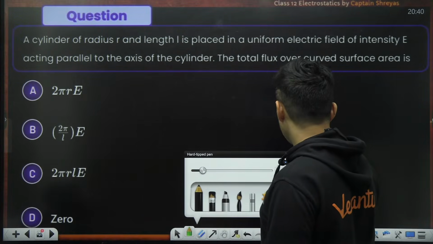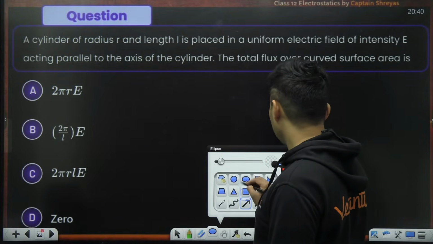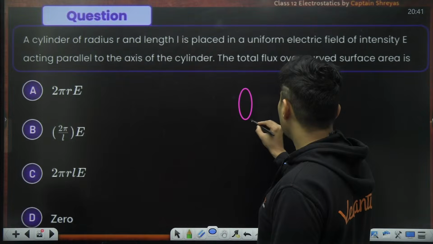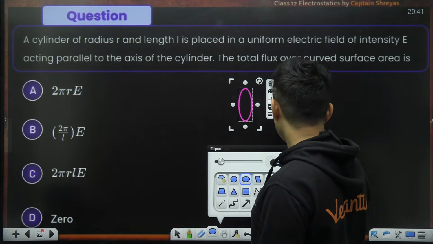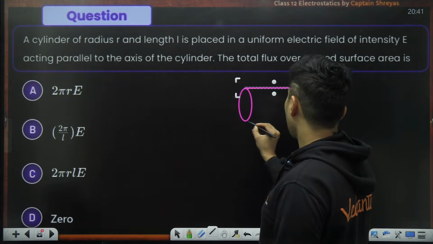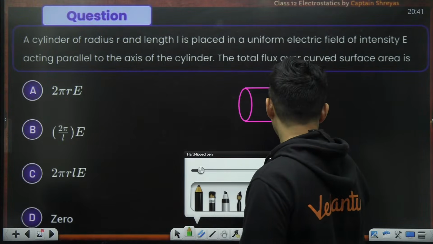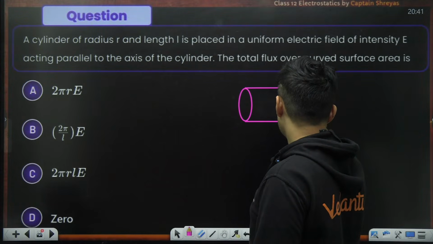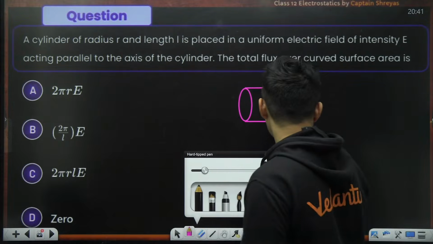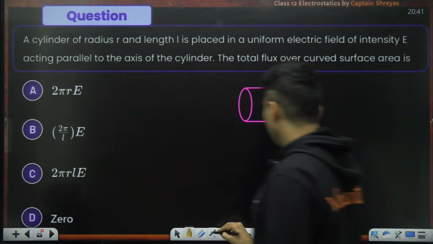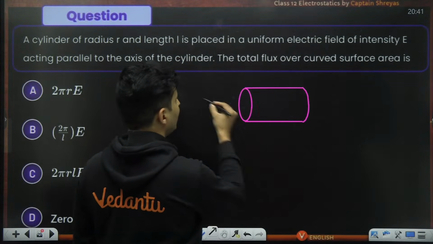So let's just visualize how that cylinder might look. Okay, so this is our cylinder, maybe like this. And the electric field lines are parallel to the axis.